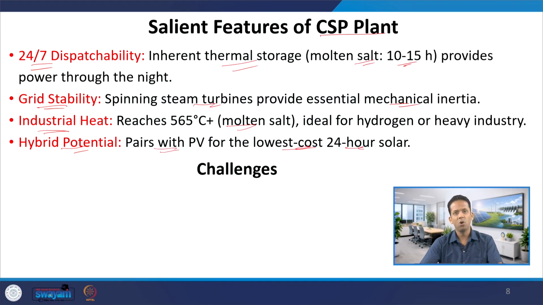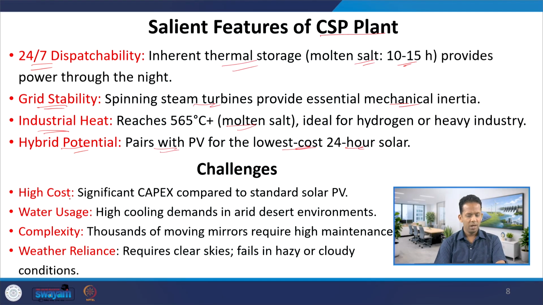So high cost because of the huge land area that is required for installing the heliostats, solar tower or the parabolic dishes. There is a significant capital cost compared to standard solar PV, which occupies very little land and is less expensive.